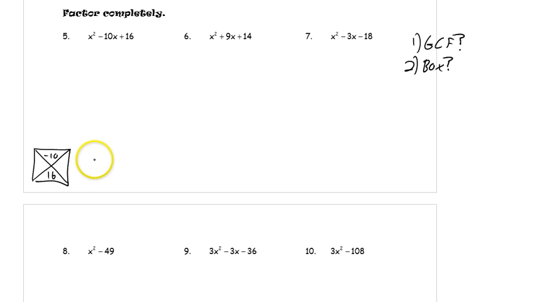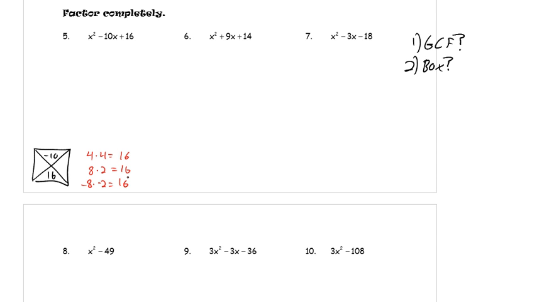Okay, let's see. I know 4 times 4 gives me 16, but they don't add up to negative 10. Let's see. I know 8 times 2 gives me 16. 8 and 2 add up to positive 10. How could I make that negative 10? Oh, I could do negative 8 times negative 2 equals 16, and negative 8 plus negative 2 does add up to negative 10.